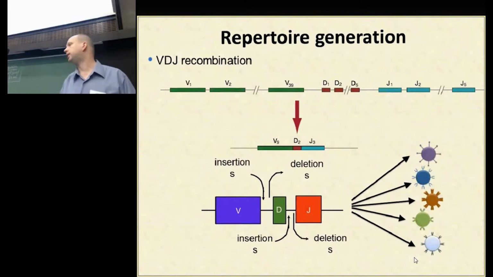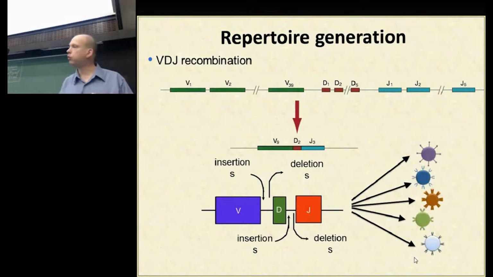And this is, as I said, a probabilistic process, right? There are different probabilities for choosing different V's, different J's, different numbers of deletions and insertions, and there's no reason for any of this to be uniform or to have arbitrary probabilities.